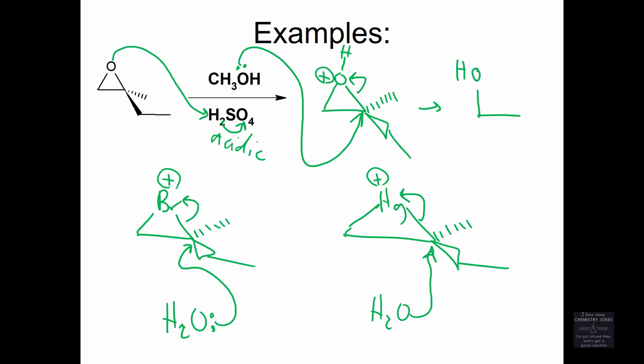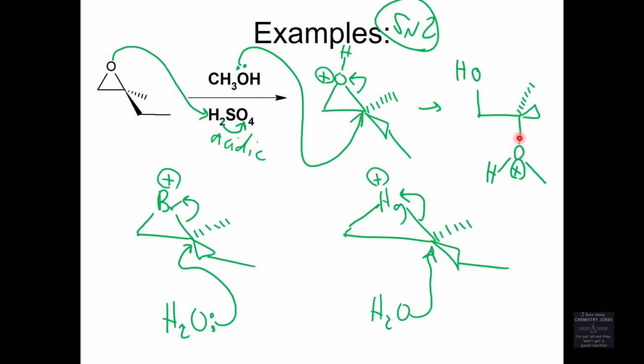So we worry about stereochemistry a bit here. That methanol attacked, and when it attacked, it brought with it a hydrogen and a methyl. And we need to do inversion because we're doing SN2. We need to do inversion at that center where we attacked. Well, my epoxide was in the plane pointed up when I let it go up here.